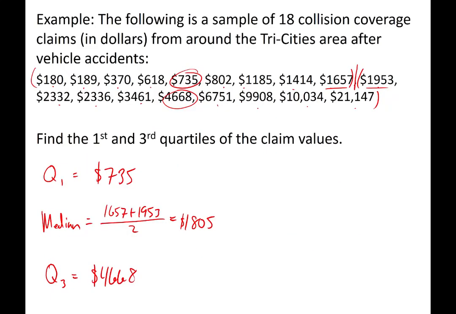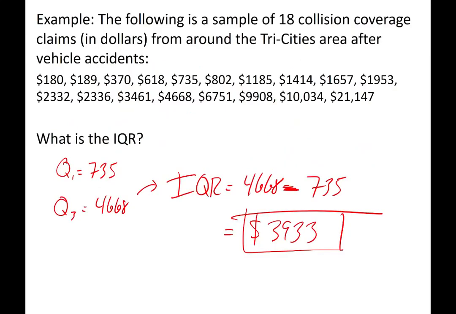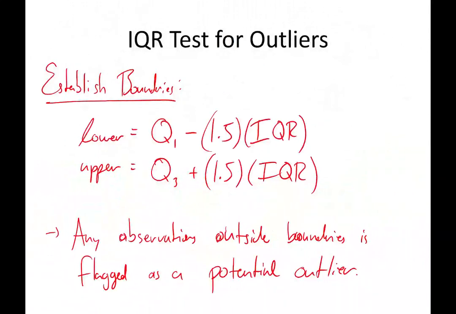So anyways, we looked at an example. We looked at collision data, we calculated the quartiles, and then I was showing you that there's a concept called the interquartile range. It's just the range of the middle 50% of your data. By itself, it's not very interesting, but the most common application of IQR is to test data sets for possible outliers.